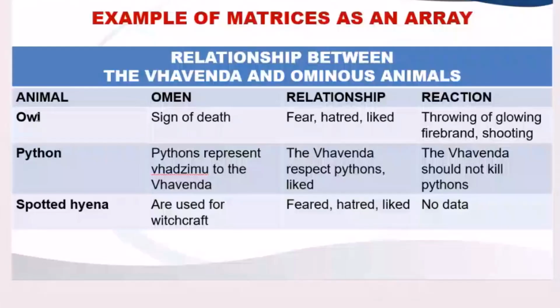The same applies to relationships and reactions. All these are headings where you would discuss the omen, the relationship, and the reaction. If relationship is a section or a chapter, then that chapter has a section on how owls are feared and hated and how they are linked, another subsection on how pythons are respected by the Bavenda, and a subsection that talks about how the spotted hyena is feared, hated, or liked.